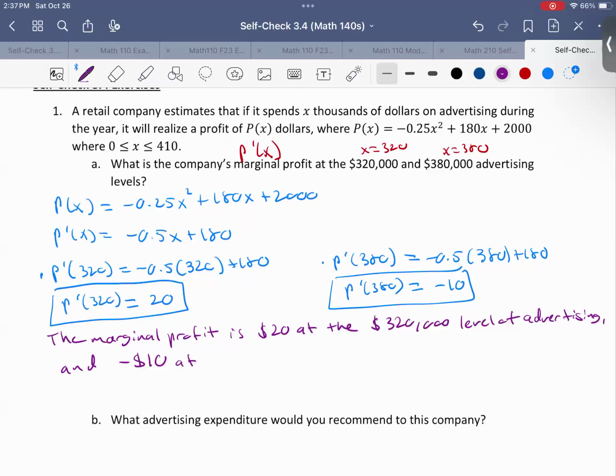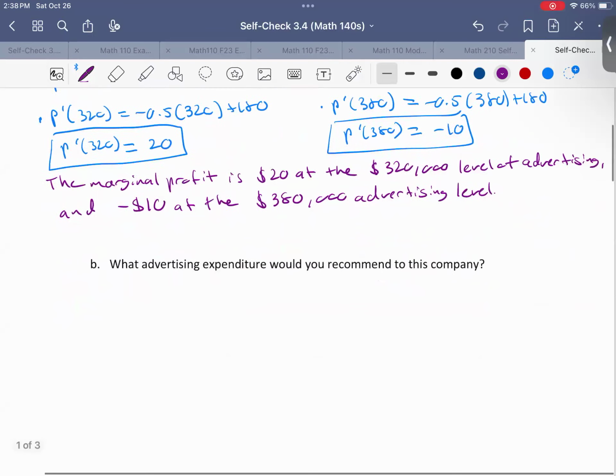You're losing $10 at the $380,000 advertising level. Okay, so that's part A, checking out some different levels of advertising and the marginal profit.